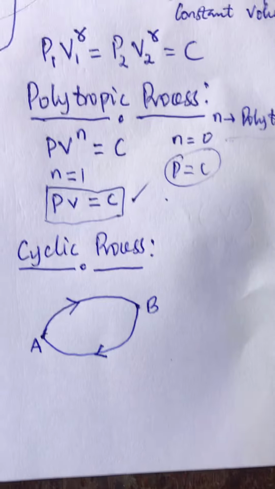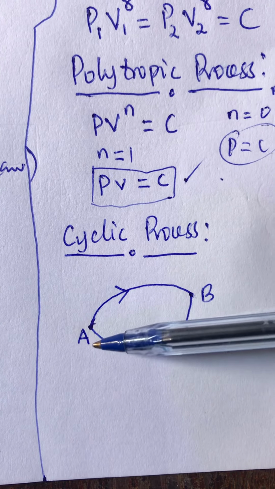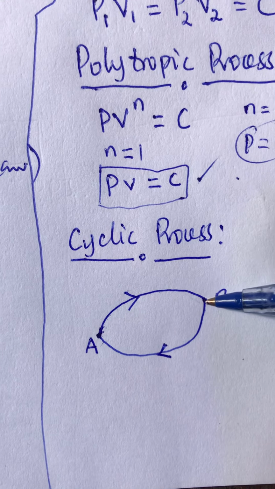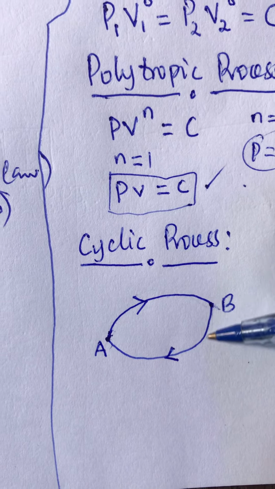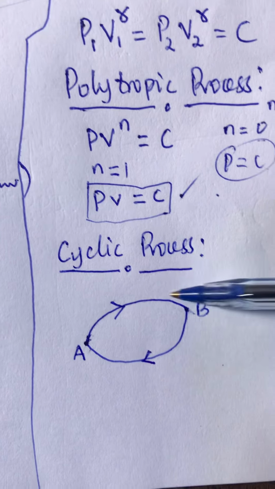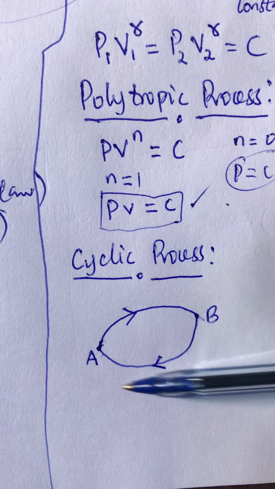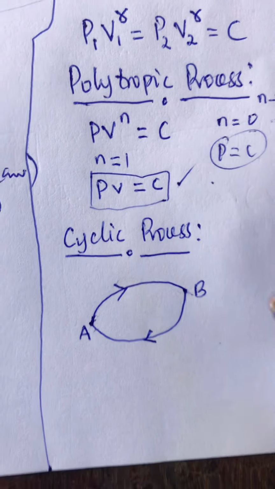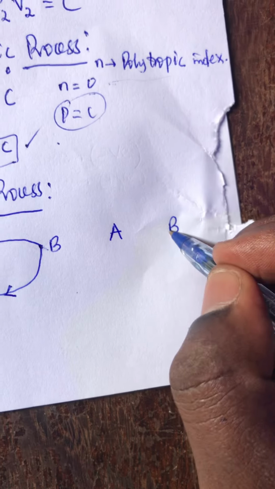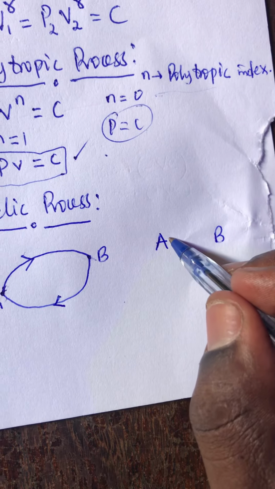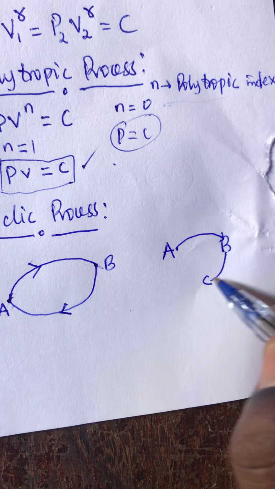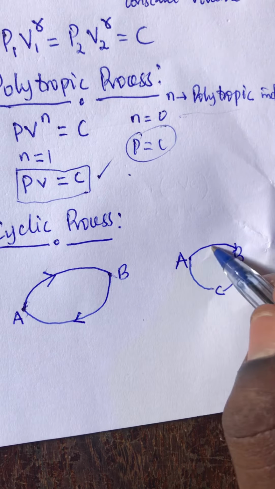So a cyclic process is where a system is changed from state A to B and comes again to A through another process, through another state. You get that? So this is a cyclic. It can also be from A to B to C. You can come from A to B, then from B you go to C, then from C again you go back to A, like this.